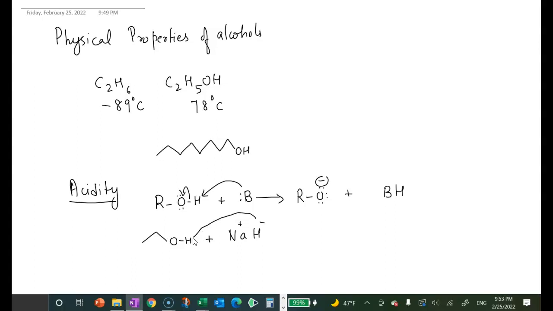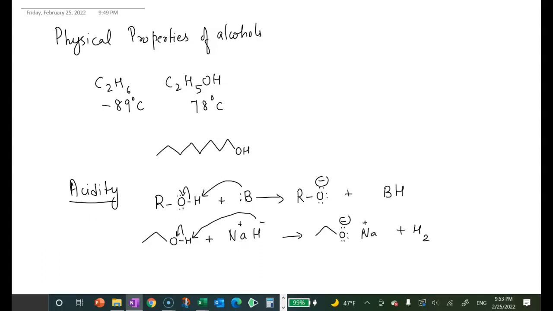This hydride can grab the proton, put the electrons back over here to give our ethoxide conjugate base, and the sodium remains with this negatively charged species. Then you get hydrogen, which bubbles out as a gas. So this reaction exhibits the acidic nature of alcohols.